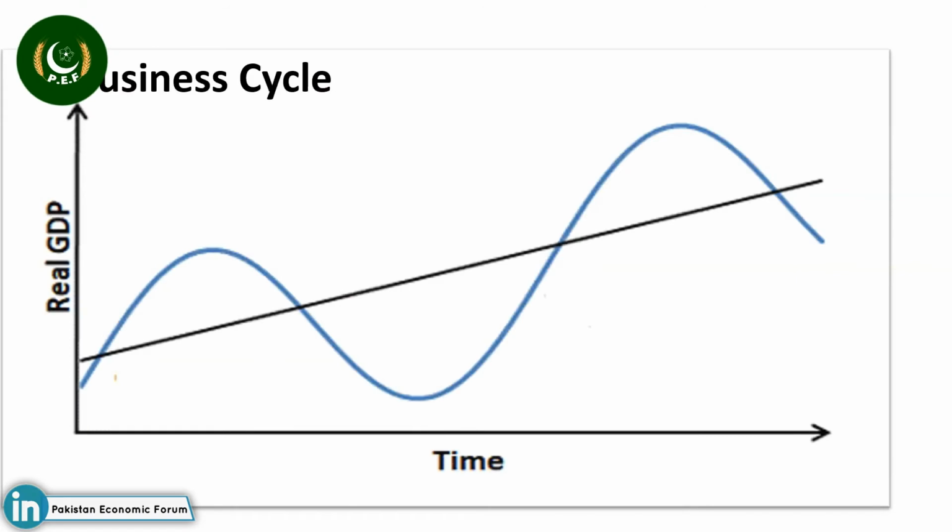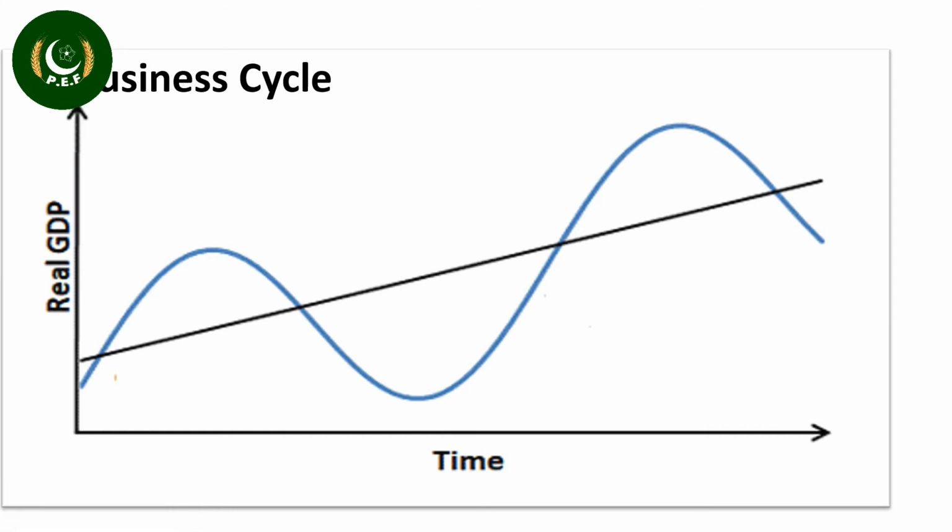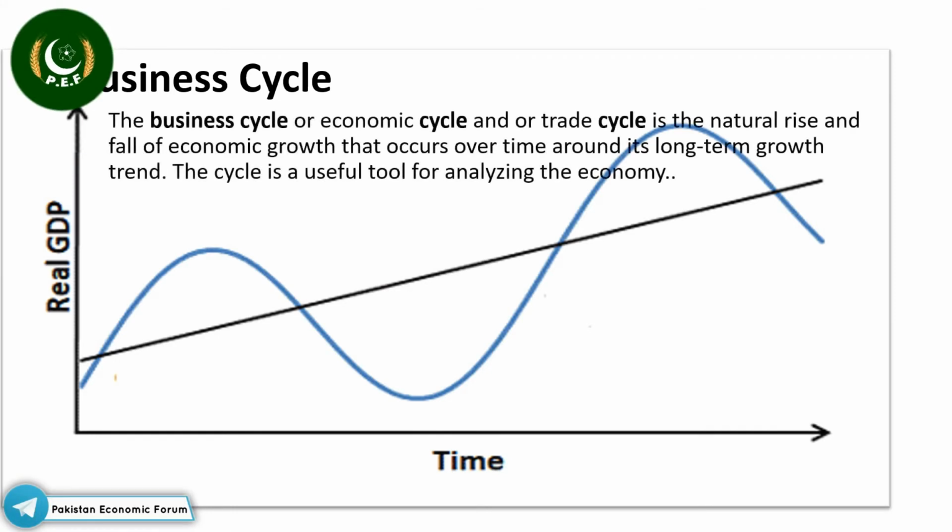Next is the business cycle. Listeners, the business cycle, also called an economic cycle or the trade cycle, is the rise and fall in economic growth that occurs over a period of time along its natural long-term growth trend.